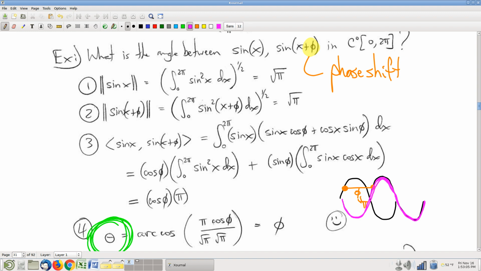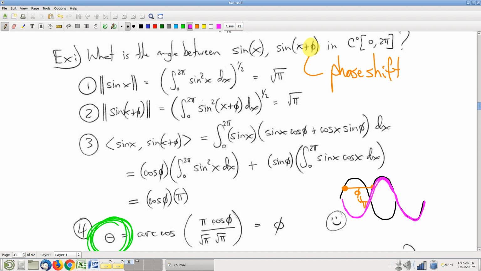What does it look like in hand-wavy vector space if you have two functions that are negatives of each other? If they're negatives of each other, that angle is pi. So when the phase shift is pi, as expected, the inner product space angle is pi. So it's really a pretty plausible result, as it turns out.